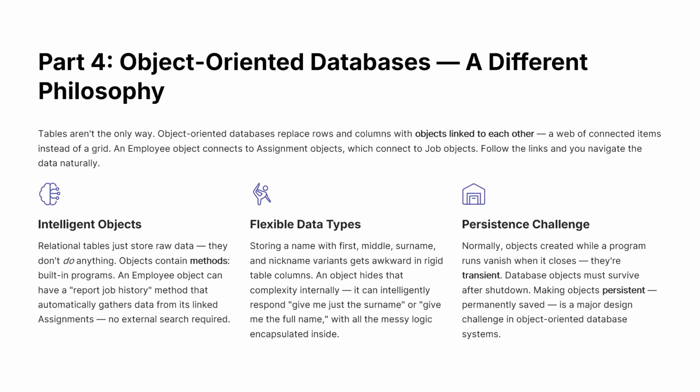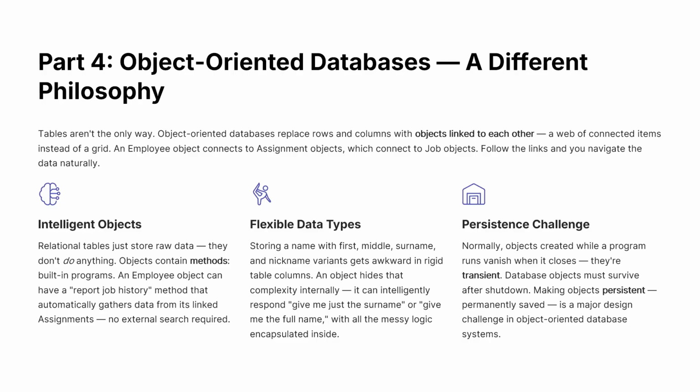In our employee example, you'd have an employee object, a job object, and an assignment object, all connected by lines representing their relationships. Follow the links from an employee object, and you find all their assignments. Follow the links from those, and you find the jobs they're connected to. What's the big advantage here? Objects can be intelligent.